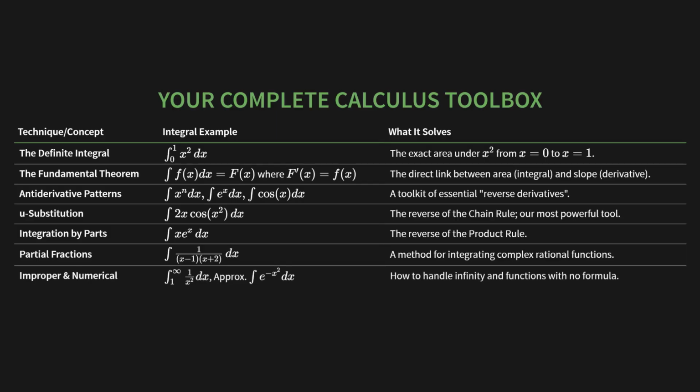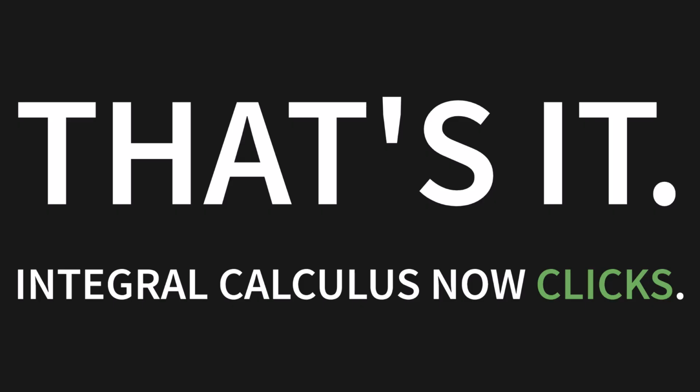And finally, we looked at the real world, improper and numerical integration, showing you how to handle infinity and how to get an answer even when no perfect formula exists. That's it. Every concept, every technique, you've seen it, you've practiced it, and now you understand it. Integral calculus now clicks.